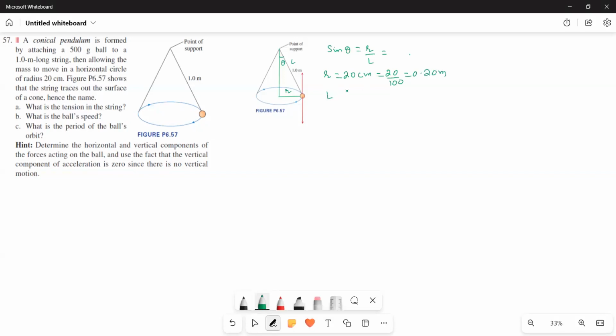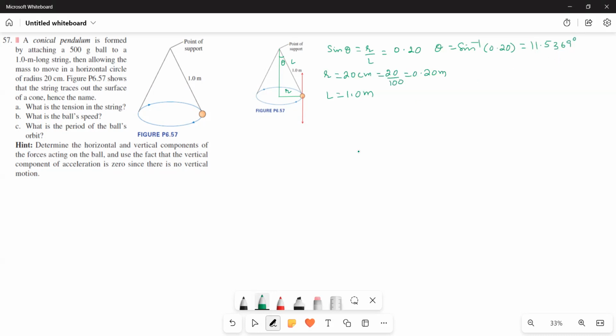Length is equal to 1 meter. Therefore, this will become 0.2. Therefore, theta is equal to sine inverse 0.2. That gives an angle of 11.53 or 11.54, so I can take 11.54.